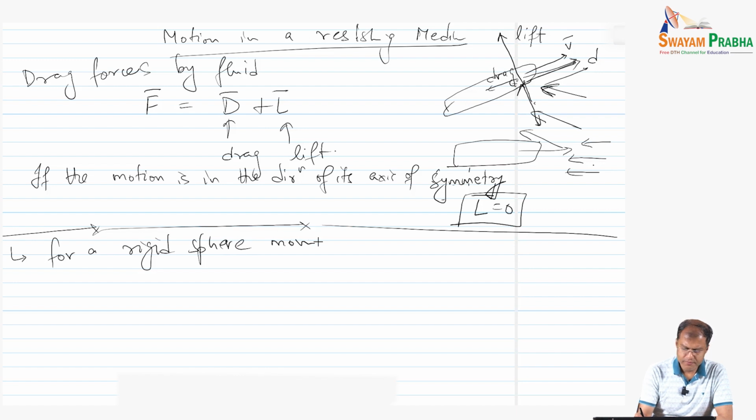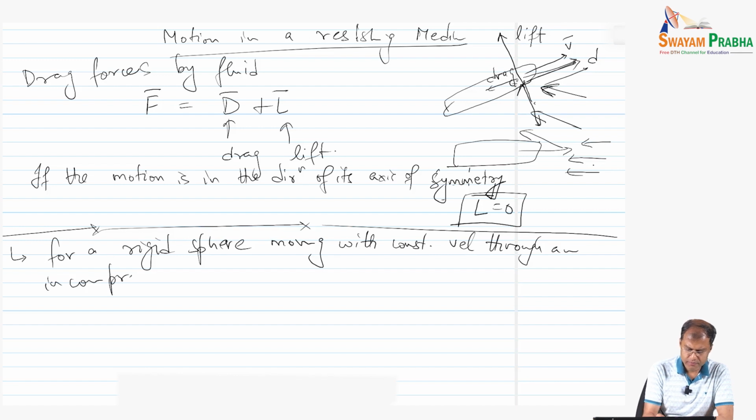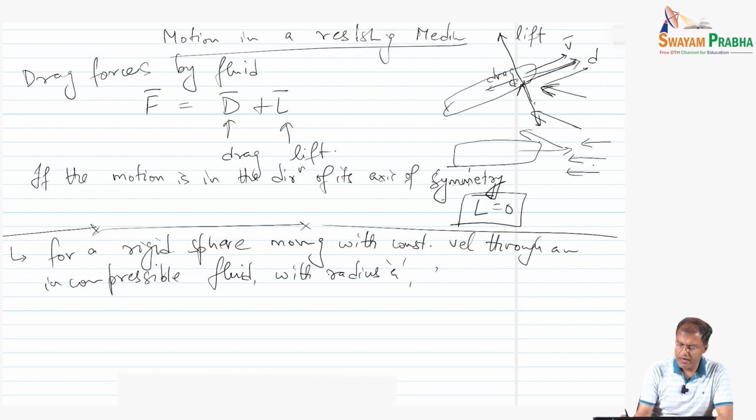moving with constant velocity through an incompressible fluid, with radius a and speed v.